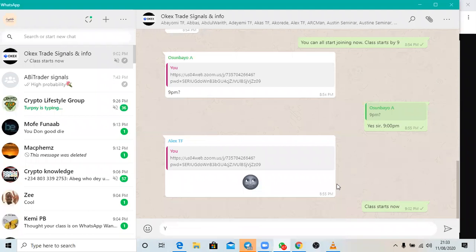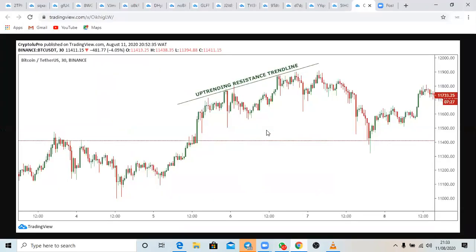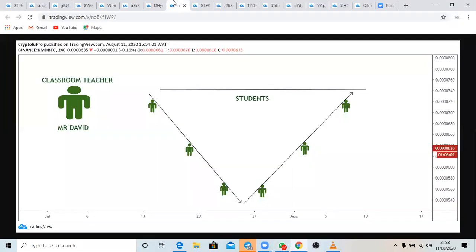Any question? What causes the downtrend or uptrend in price? It is normal for price to go up and price to go down. For price to go up, that means buyers are overcoming the sellers.